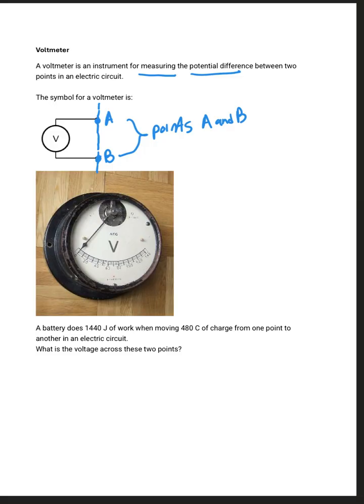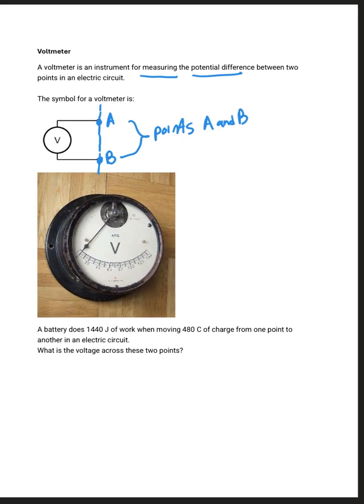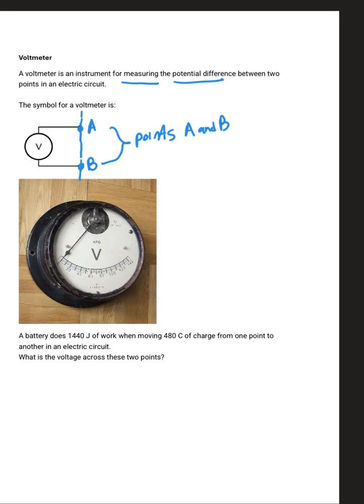So those can be the points. You can have point A or point B. And then this potential difference, we can talk about what we call high potential and low potential.